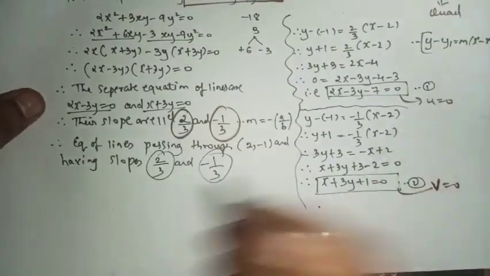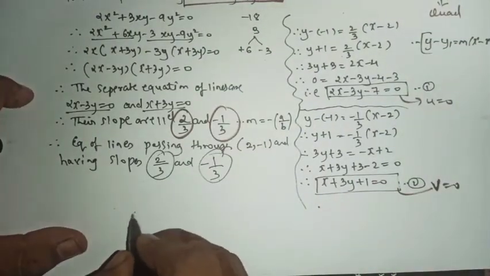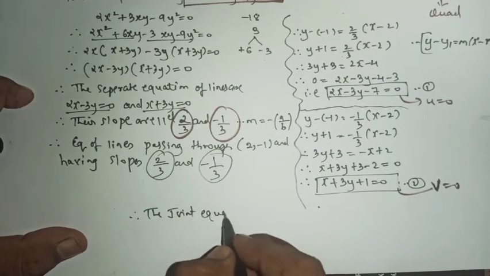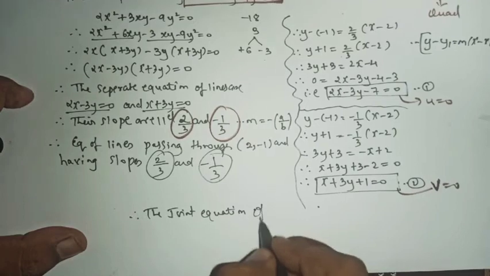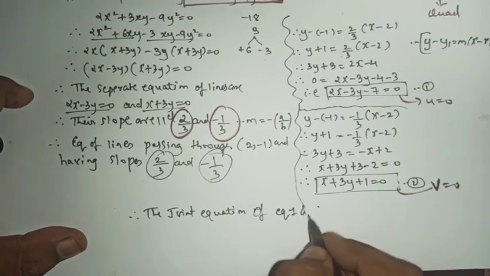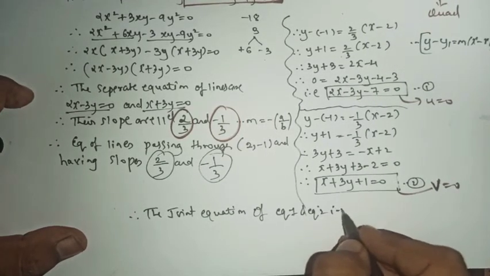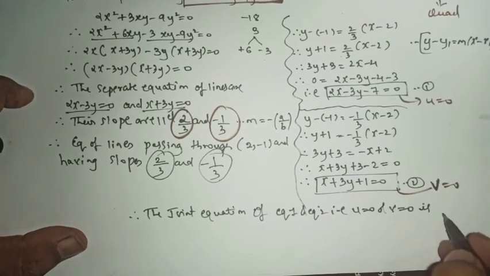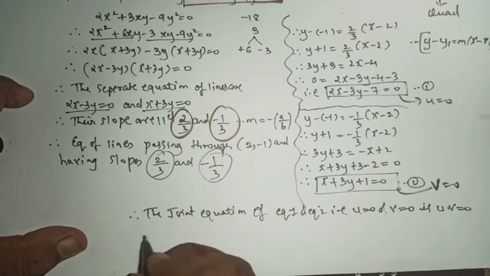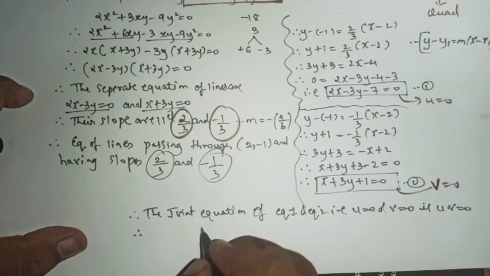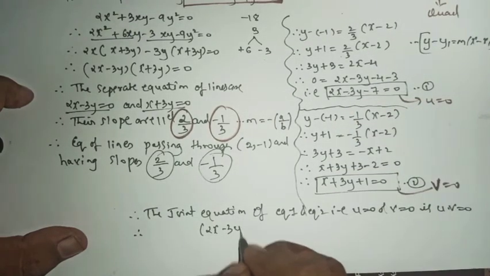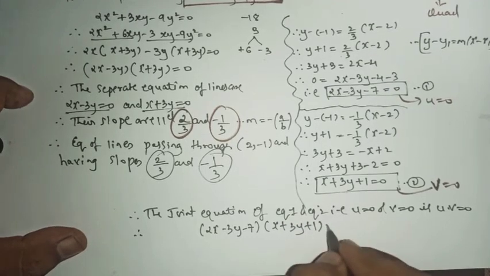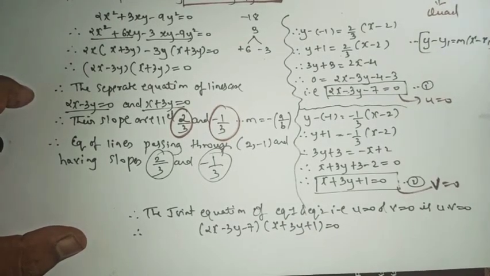Now the combined, you can write the joint equation of equation number 1 and equation number 2, that is u equals 0 and v equals 0, as u into v equals 0. Yes or no? So here we have (2x minus 3y minus 7)(x plus 3y plus 1) equals 0.